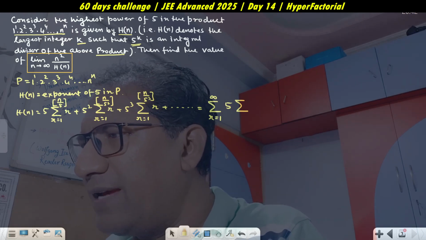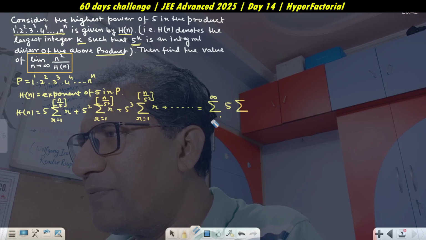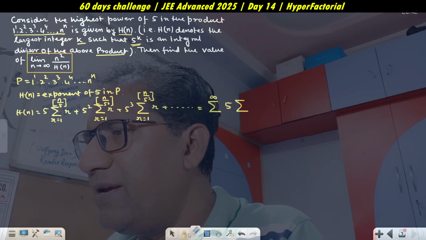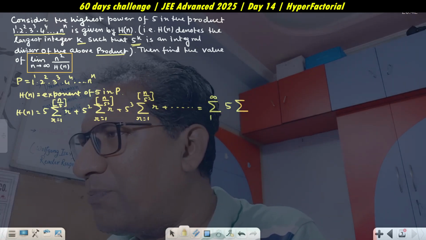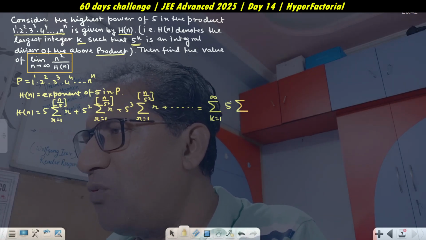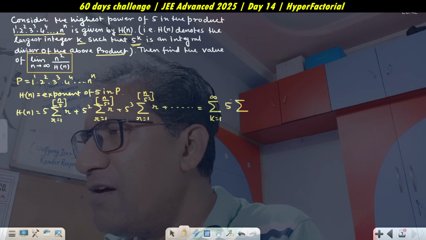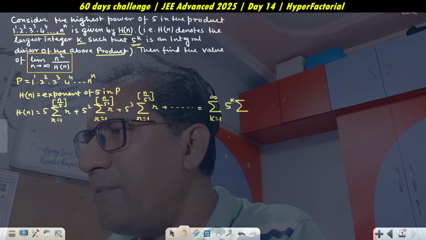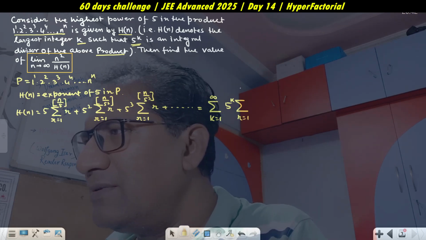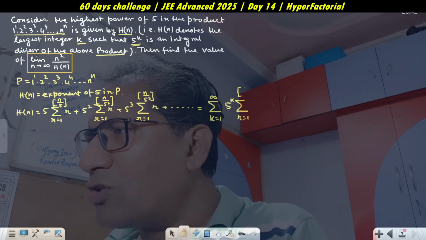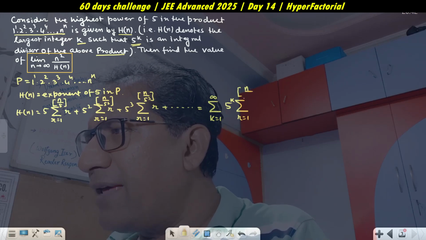So let me take K here. It will be better to understand, otherwise both the R's will be mixed up. K starts from 1 to infinity, 5 to the power K, and your R starts from 1 till floor of n by 5 to the power K.